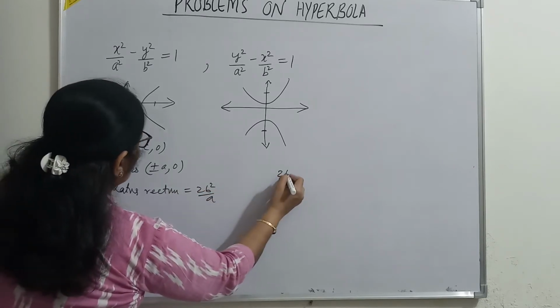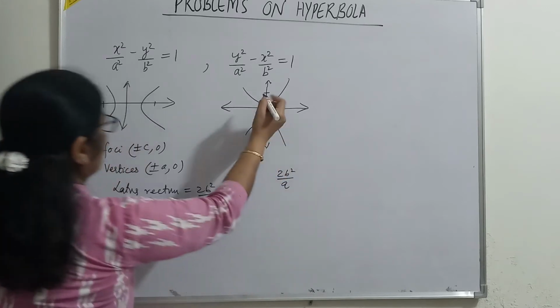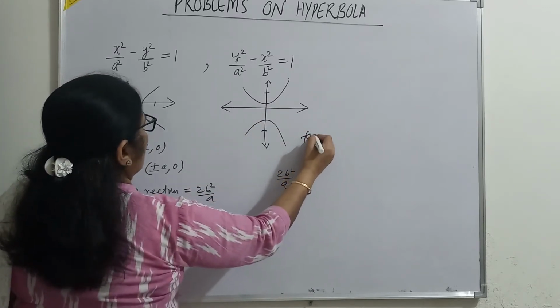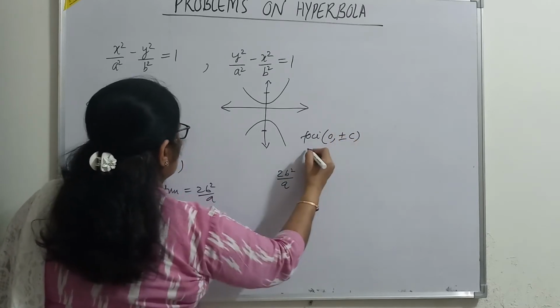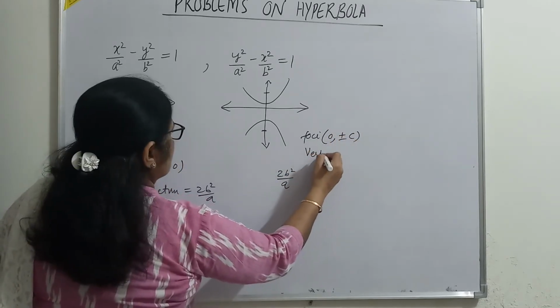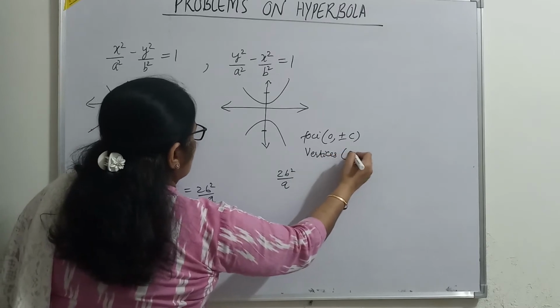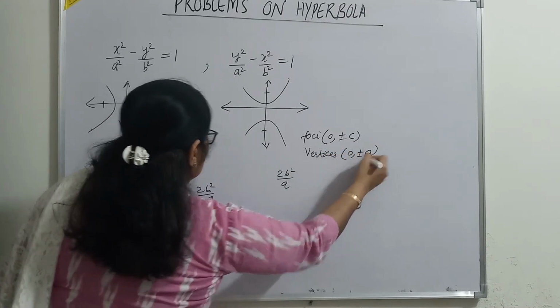In the other case, the foci are on the y-axis, so they are 0 comma plus minus c, and the vertices are 0 comma plus minus a.